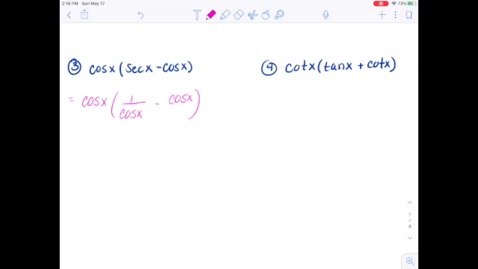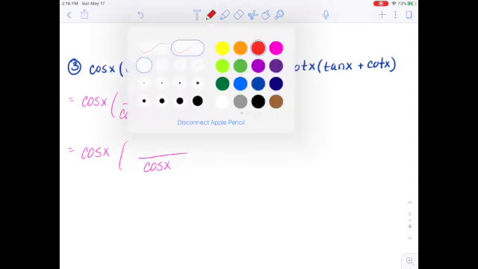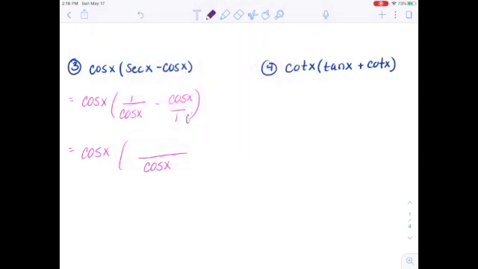Now remember, when you have fractions, you probably want to combine them, make common denominators. So in that set of parentheses, that could be written with a common denominator of cosine of x. So I would technically have to multiply my second fraction by cosine of x.